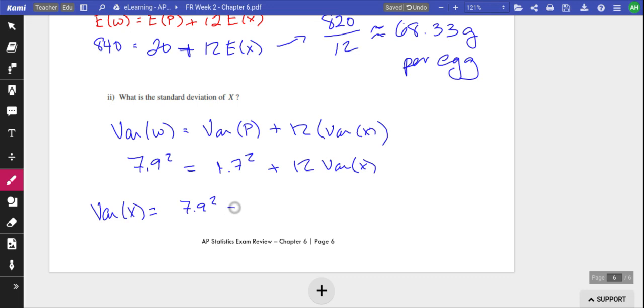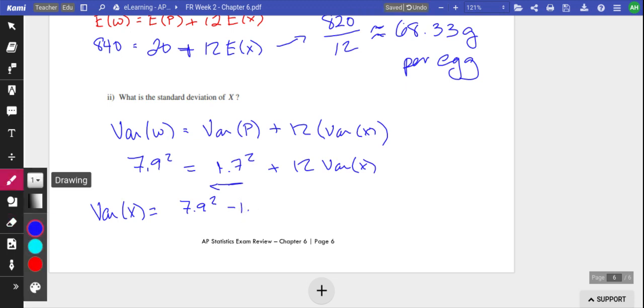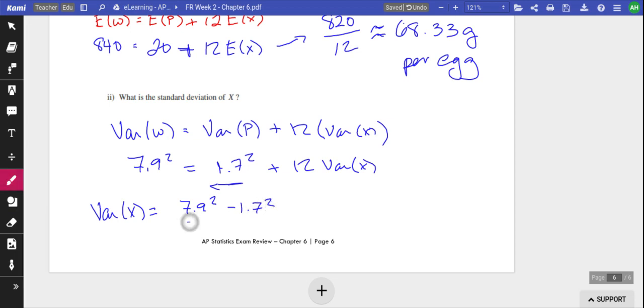I'm going to take off that variance of the package. And I'm going to divide that all through by 12. So again, don't forget to square those things out. So you're going to end up with a variance per egg of 4.96.